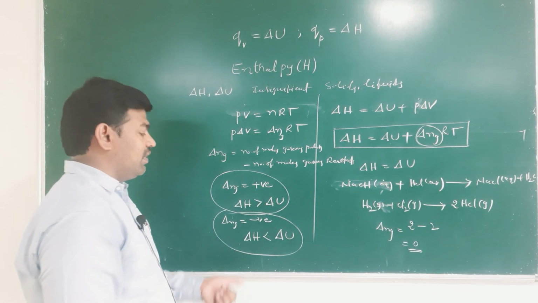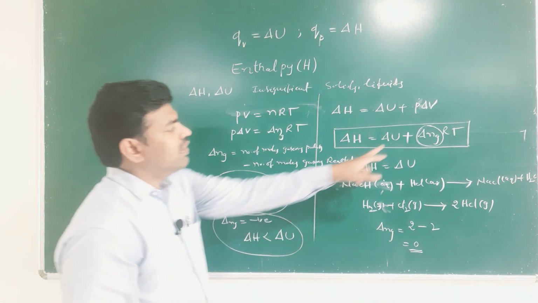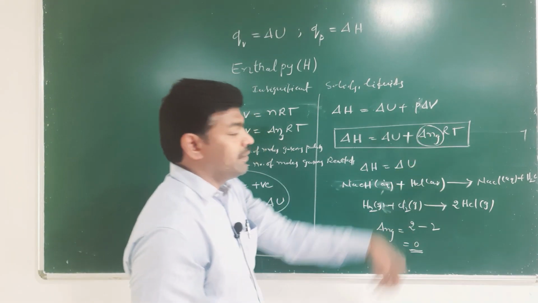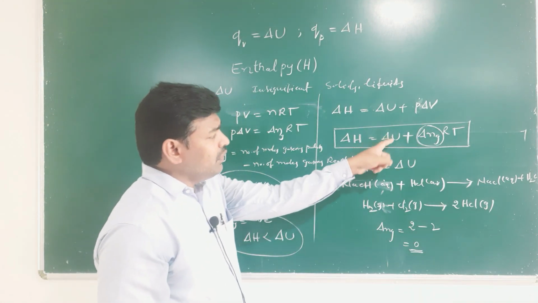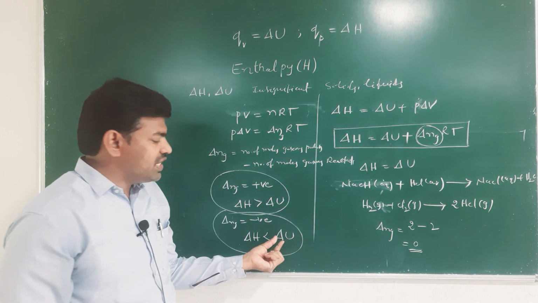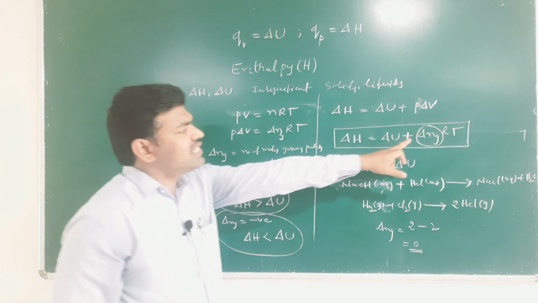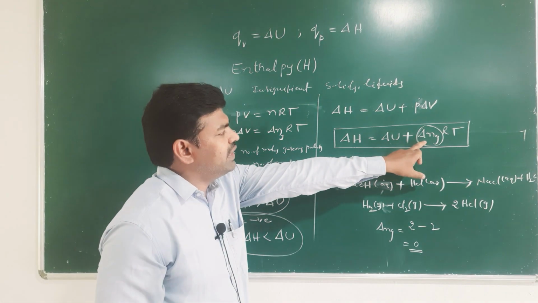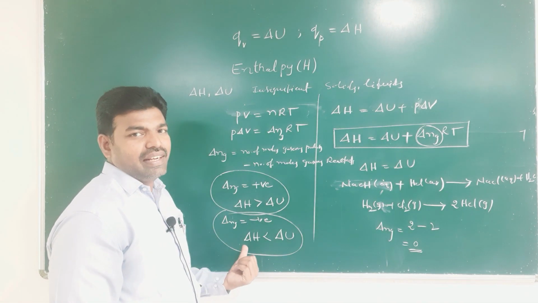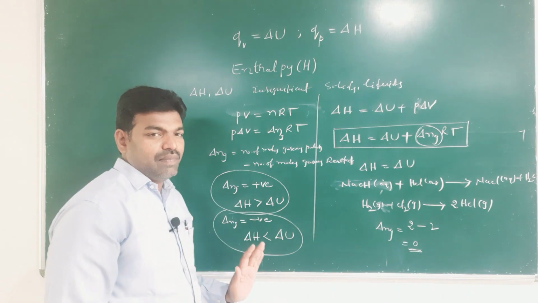If delta Ng takes the negative sign, that indicates delta U is more than delta H. So these are the cases.